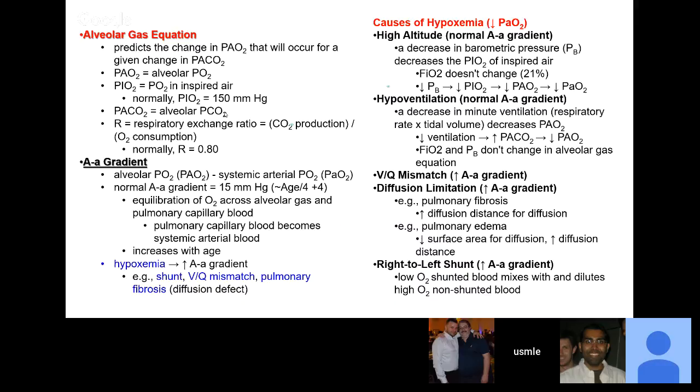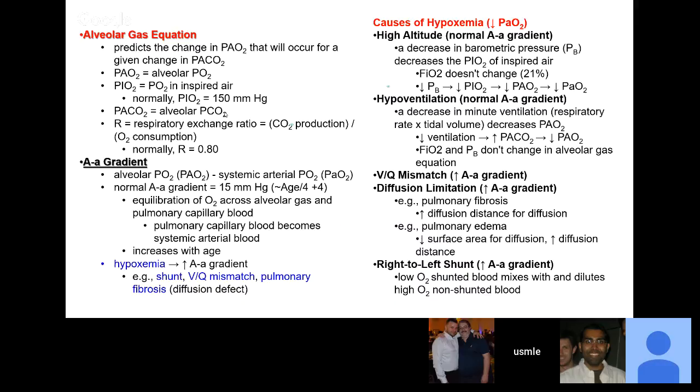The oxygen consumption depends on your metabolism, on what you're going to do. If you run, obviously consumption will be higher. If you sit down, then the consumption is going to be lower. But the CO2 production can change depending on your metabolism as well, but you have a certain constant for both of them. So normally the respiratory exchange ratio is going to be 0.8. Keep this number in mind as well for some questions.